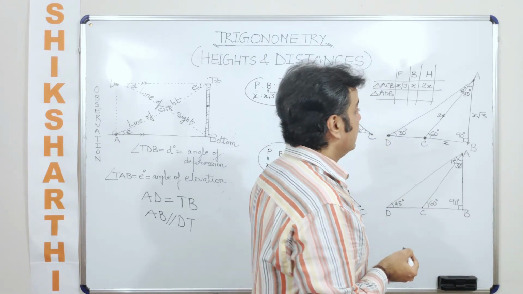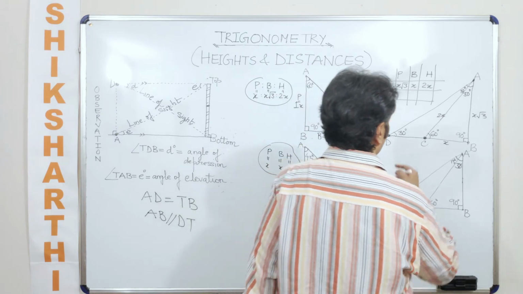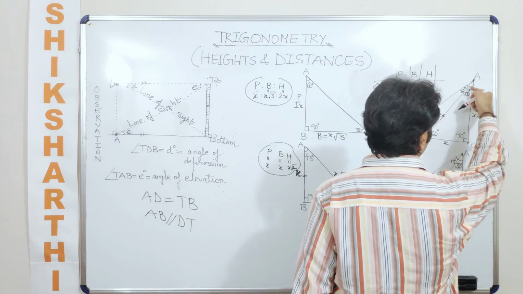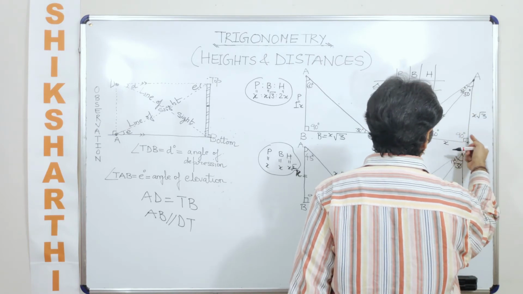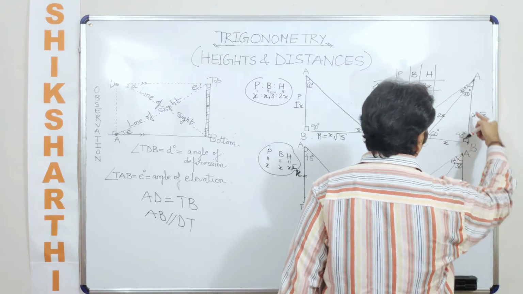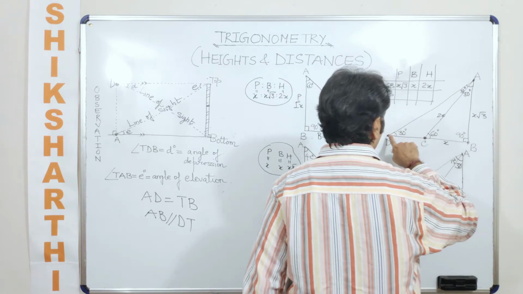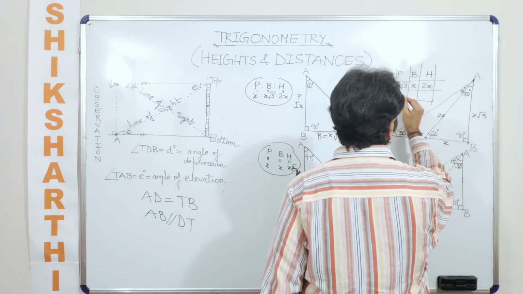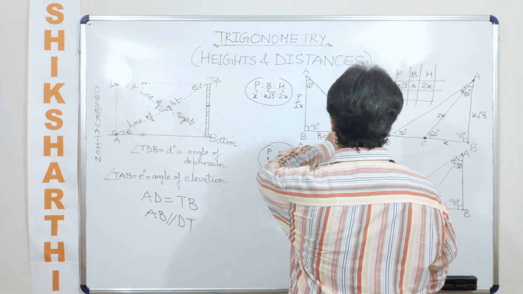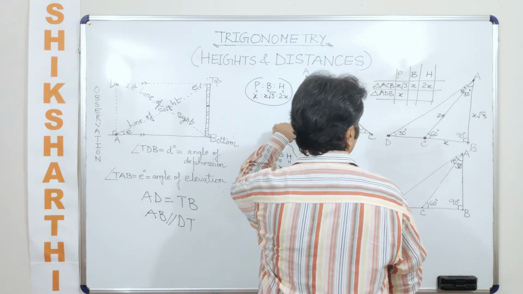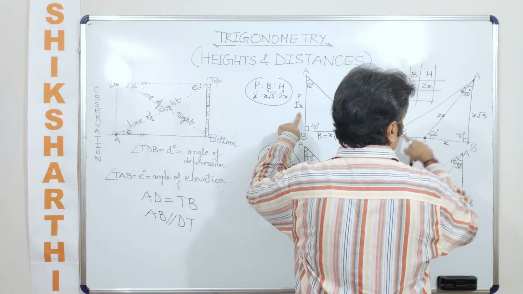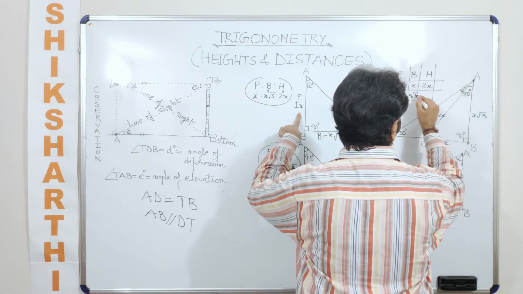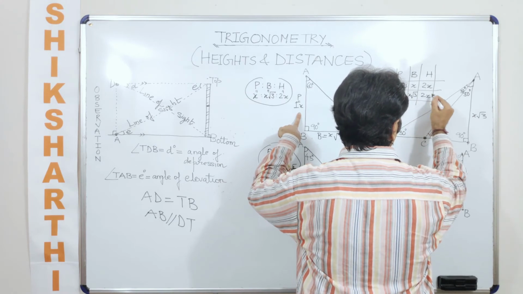Now in the other triangle, which is also 30, 60, 90, the side opposite to 30 degrees is X, the side opposite to 60 becomes X root 3, and the next side becomes 2X.